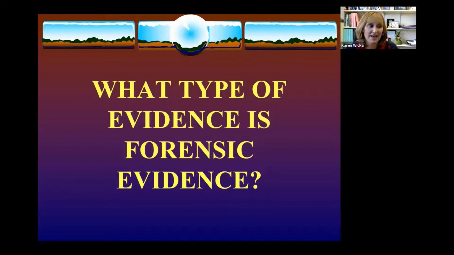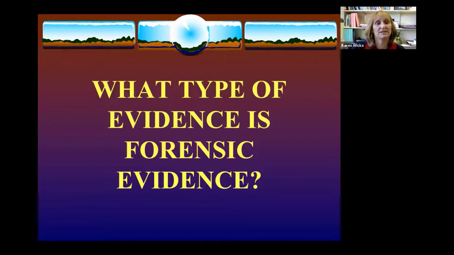So when I say forensic evidence, what types of evidence do you think I'm talking about? What do I mean by forensics? Well, it could be fingerprinting, a voice sample, a handwriting sample, ballistics, comparing bullets and shell casings, fibers, and DNA.